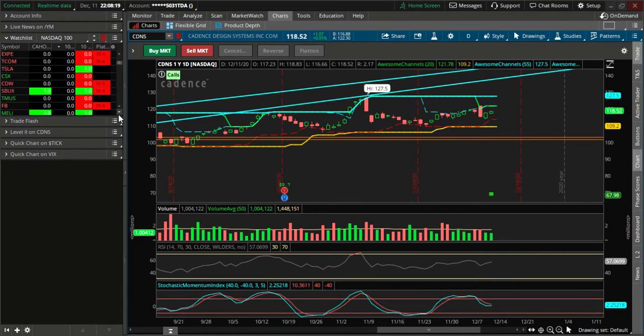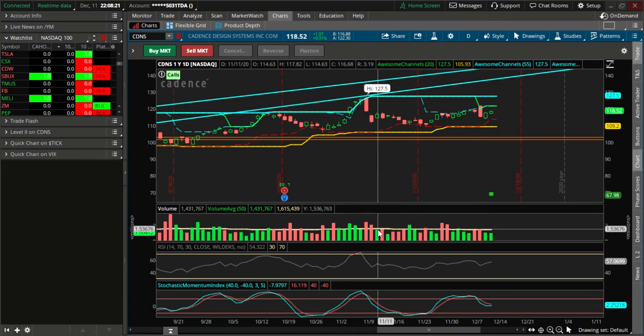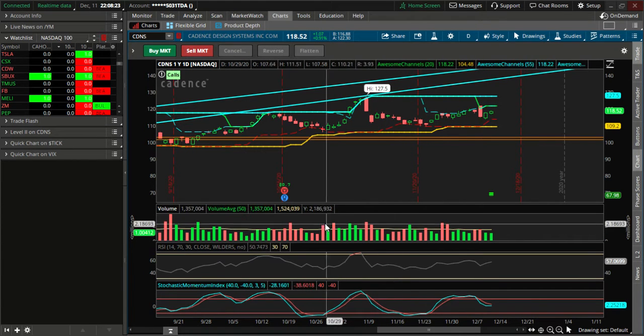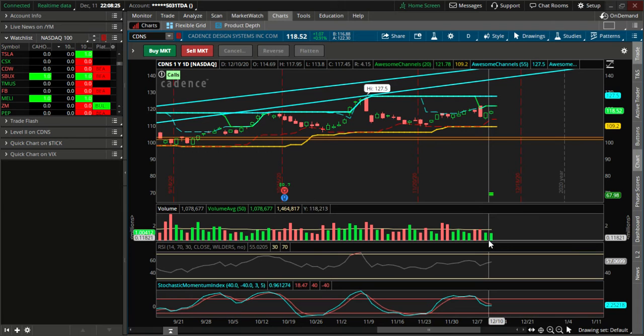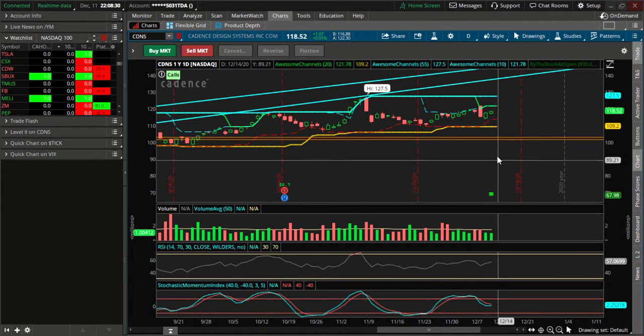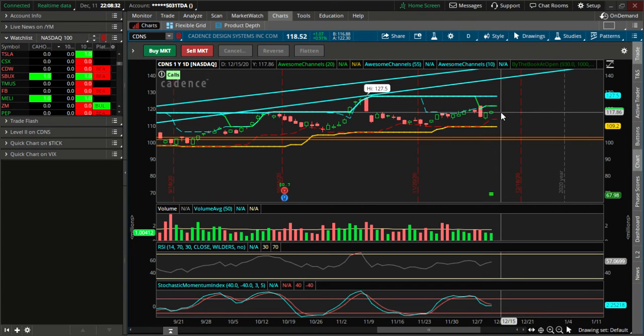Something else that you've got to pay attention to is the volume. So that line right through here is your average volume. If the volume bars are green and they're above the average volume and the price action is green and it's in a bullish momentum, it's probably going to continue.